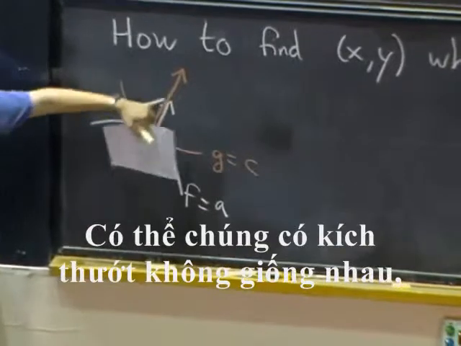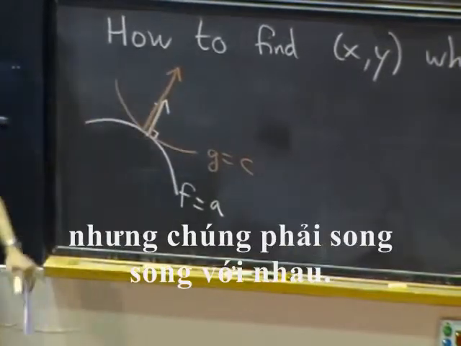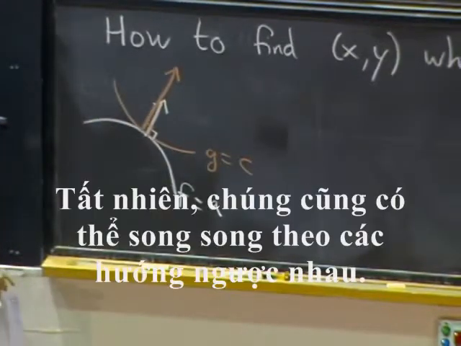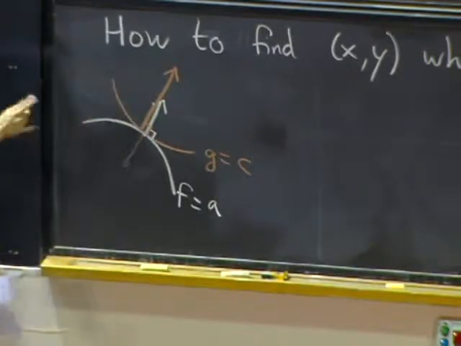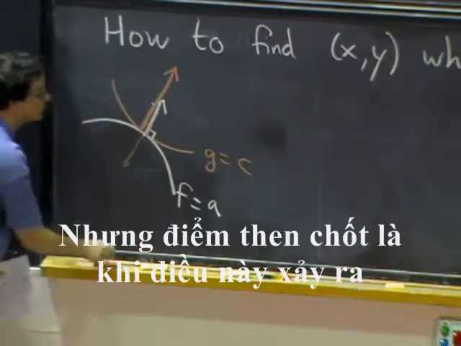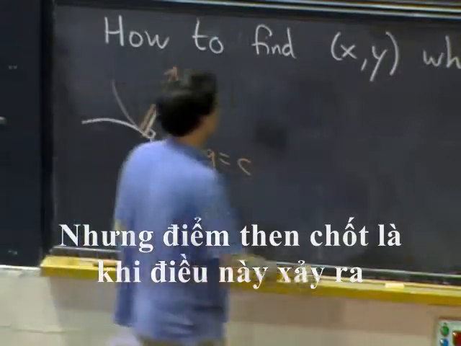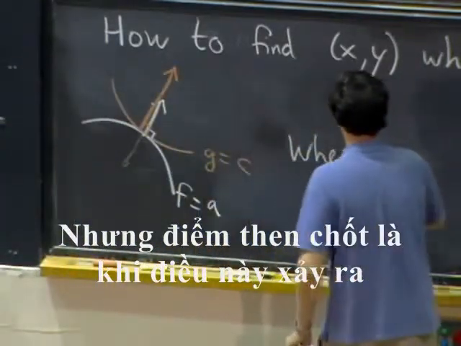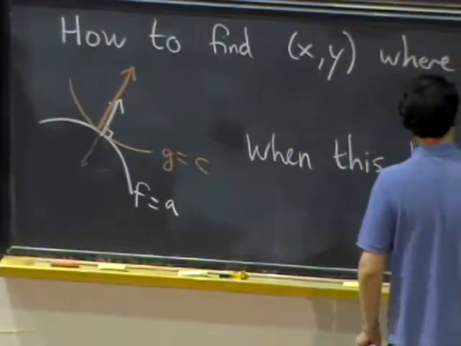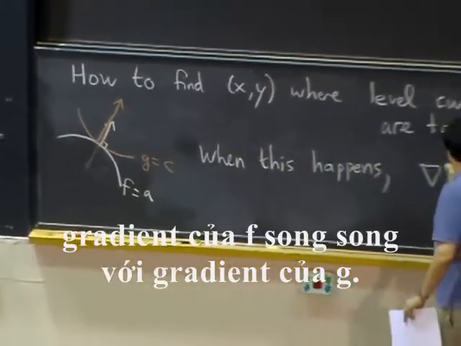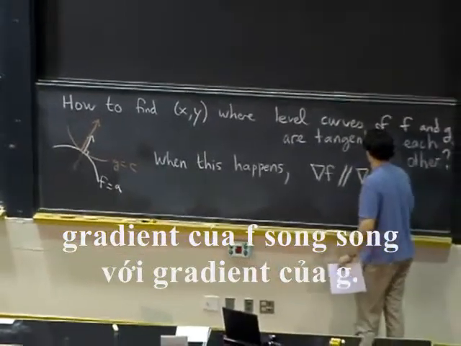They don't have any reason to be of the same size, okay? But they have to be parallel to each other. Of course, they could also be parallel pointing in opposite directions. But the key point is that when this happens, the gradient of f is parallel to the gradient of g.